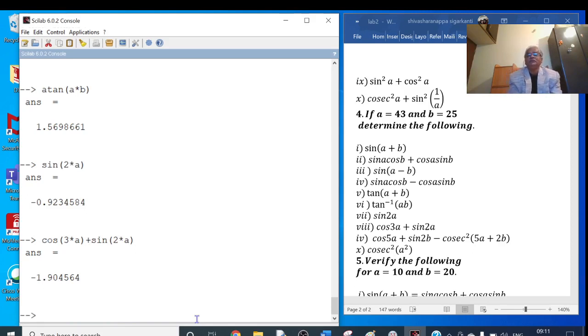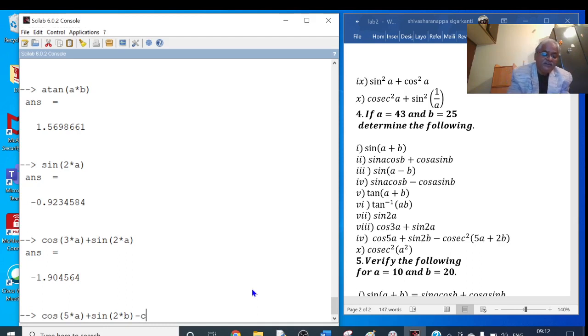Next example is cos 5A plus sine 2B: cos open bracket 5 star A bracket close, plus sine open bracket 2 star B. Then minus cosecant square of 5A plus 2B, which is nothing but cosecant of 5A plus 2B, squared.